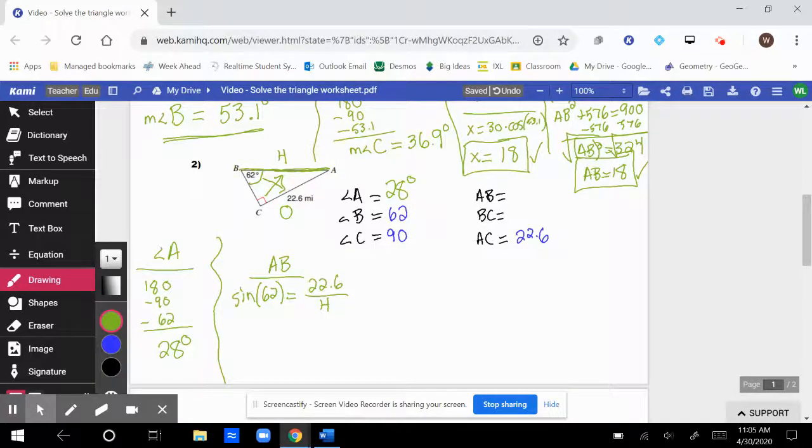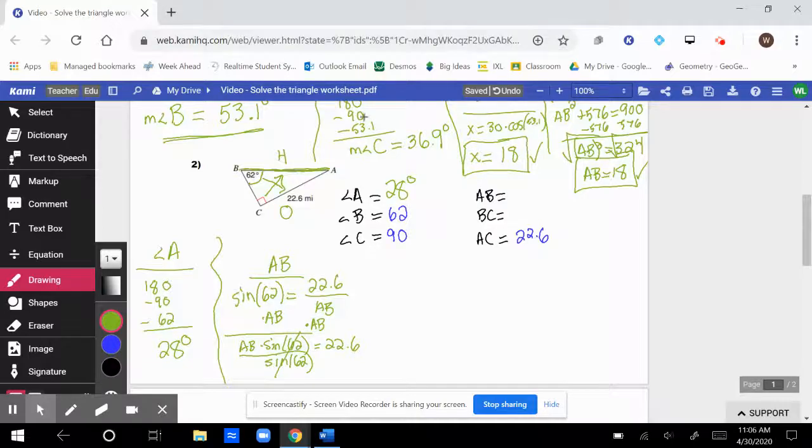Okay, and these are a little harder, or actually I'm going to call this AB. It's always a little harder when the variable's in the denominator, because when you multiply both sides by AB, it's not by itself yet. You have AB times sine of 62 equals 22.6. Okay, and last step would be divide by sine of 62.